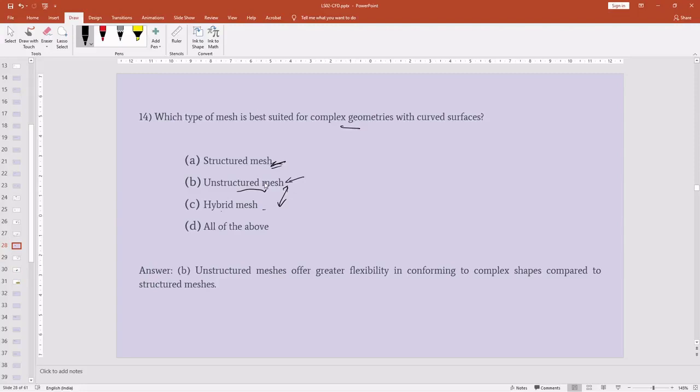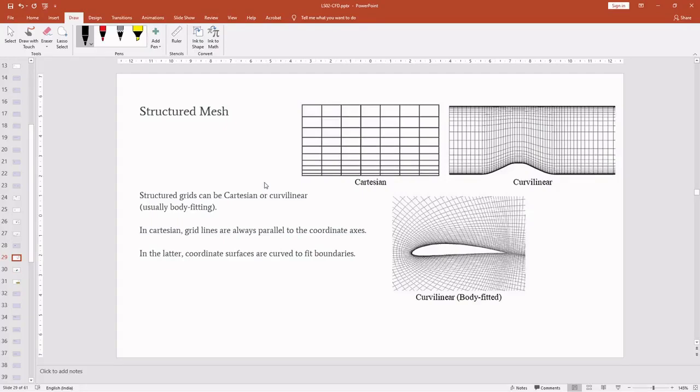So let us discuss what structured and unstructured meshes are. Simply saying, structured meshes are meshes that can be mapped to coordinate systems.